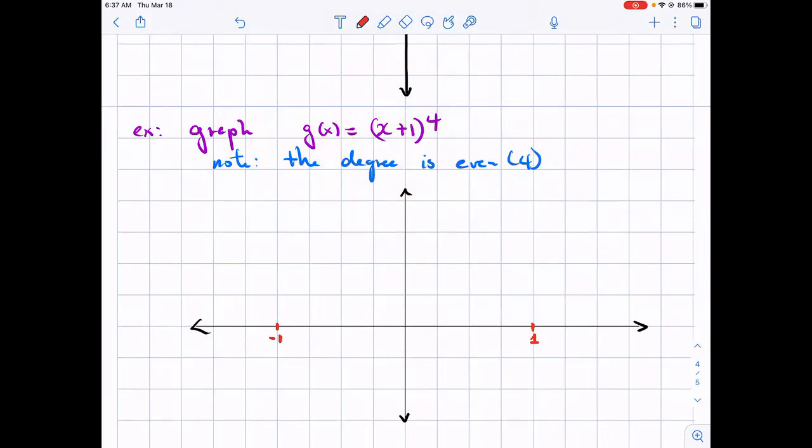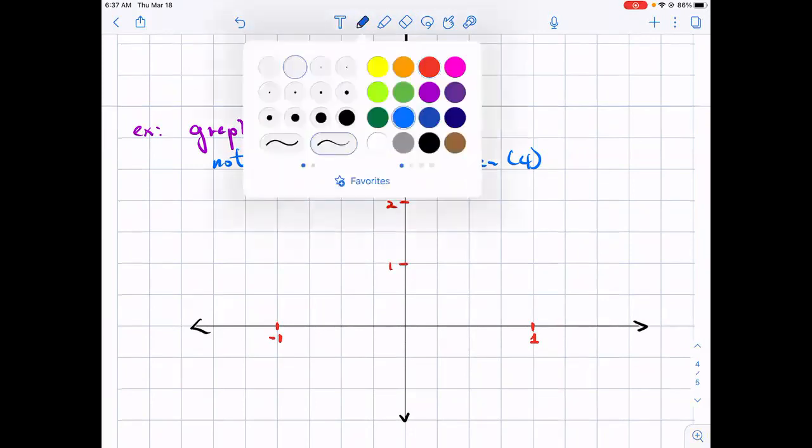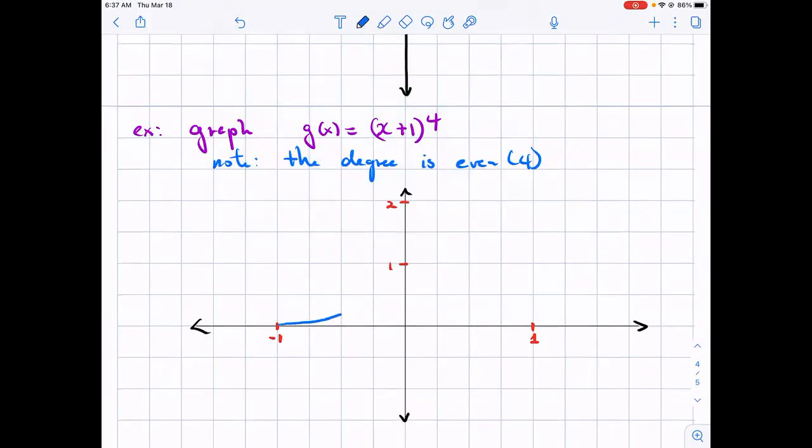And if you graph this, our graph would look very similar to this. And this is the graph g of x equals x plus 1 to the 4th.